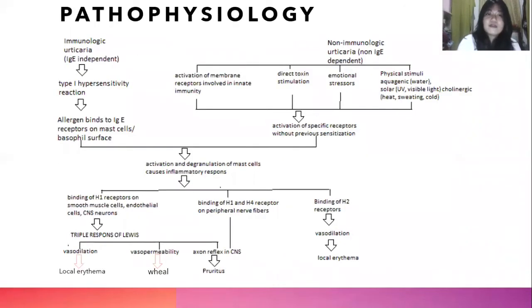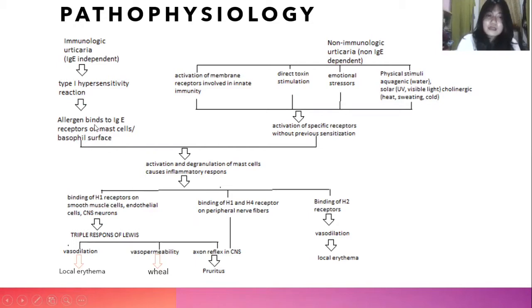Now, the pathophysiology of urticaria is that it can be classified as an immunologic urticaria or non-immunologic urticaria. As for immunologic urticaria, which is IgE dependent, it is a type 1 hypersensitivity reaction, where the allergen binds to the IgE receptors on mast cells or basophil surface.